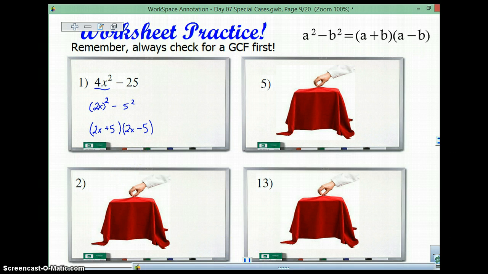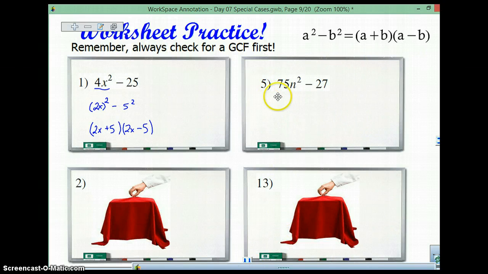Let me show you one more. Okay. This one's a little trickier because the first step in factoring is always to see if there is a GCF first. Is there a GCF? Yes. 3 times n squared minus 9. We still have to factor what's left inside. It's got two terms. If it's got two terms, we think, is it a squared minus b squared?